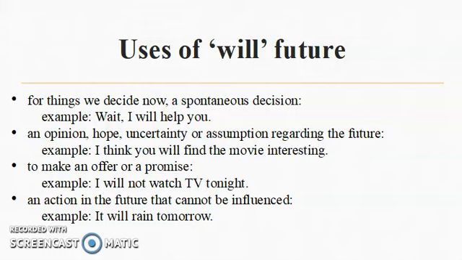For example, I think you will find the movie interesting. It can also be used to make an offer or a promise. I will not watch TV tonight. It can also be used for an action in the future that cannot be influenced. It will rain tomorrow.